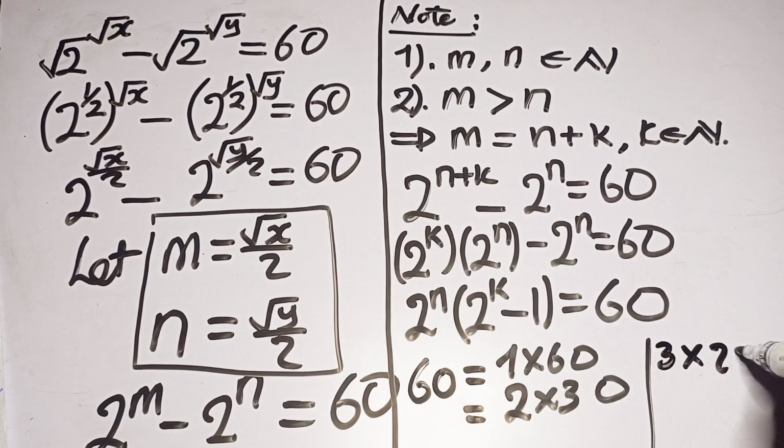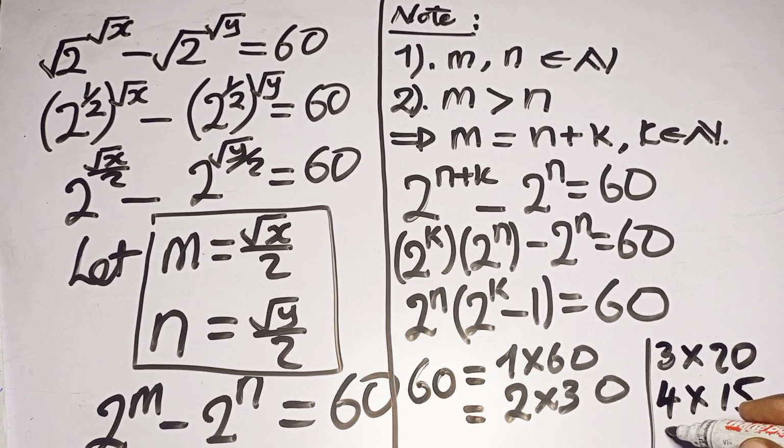It can also be decomposed as 4 times 15. And can also be decomposed as 5 times 12. So these are the possible decompositions of the number 60.